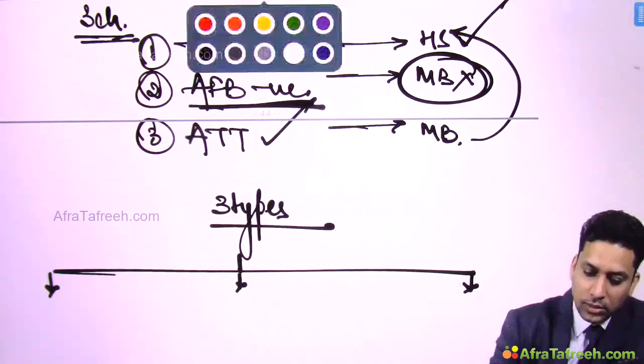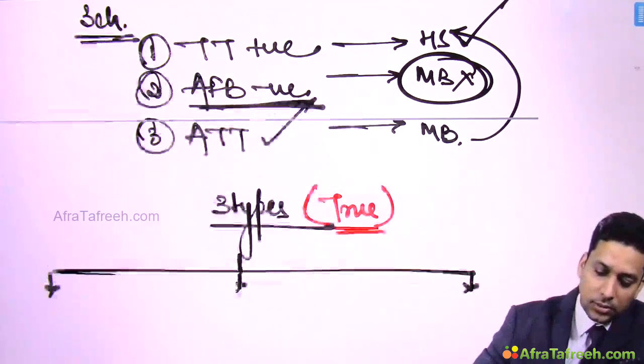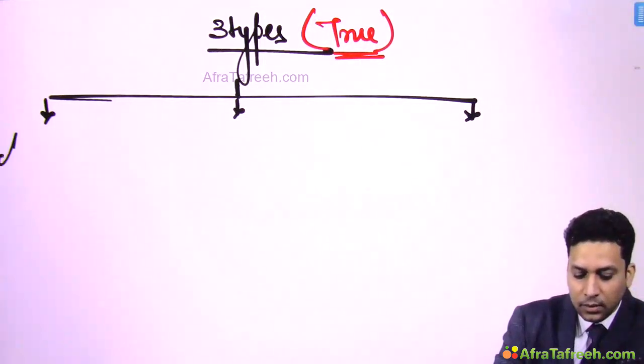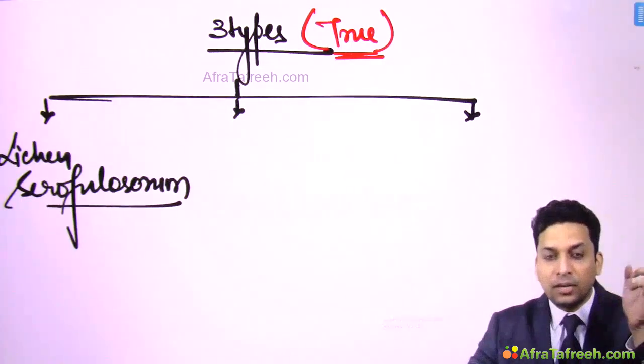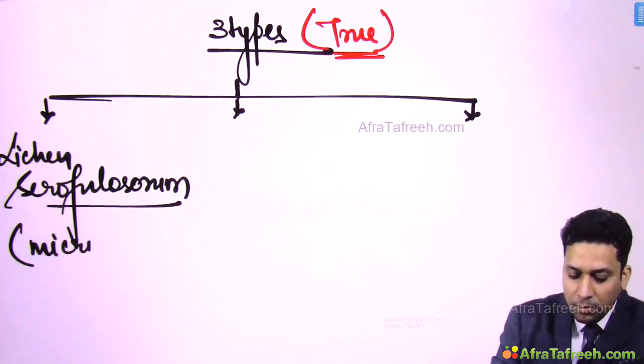These are also known as true tuberculids. First one is lichen scrofulosorum. Remember that was scleroderma; this is scrofulosorum, also known as micropapular type.